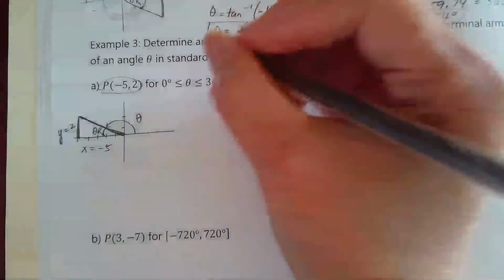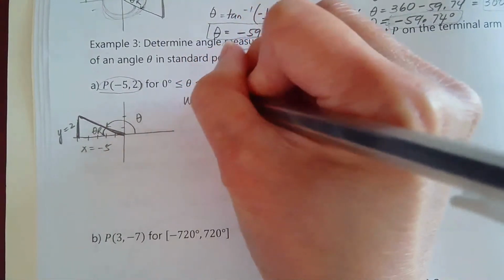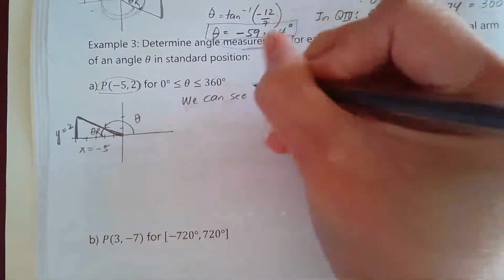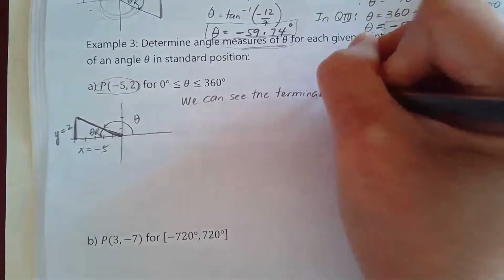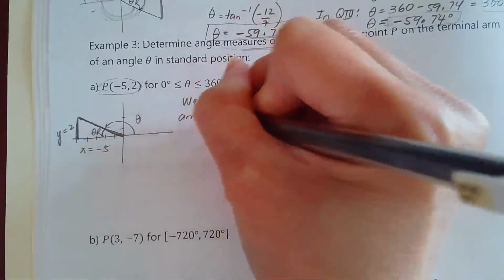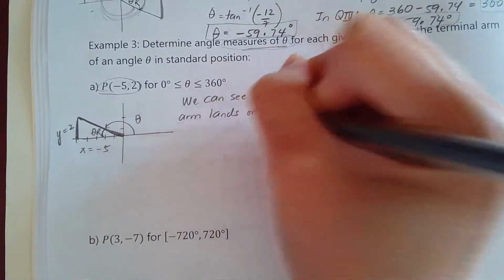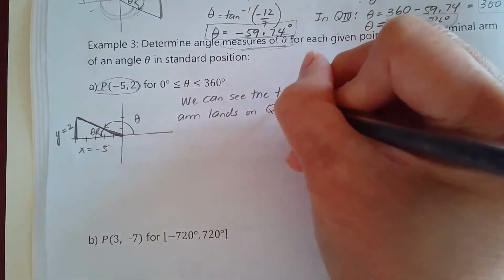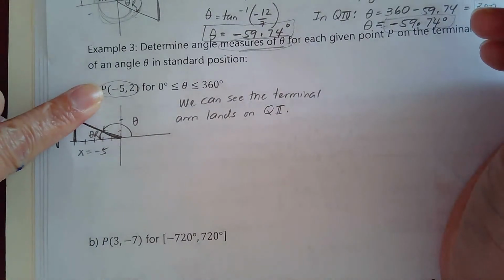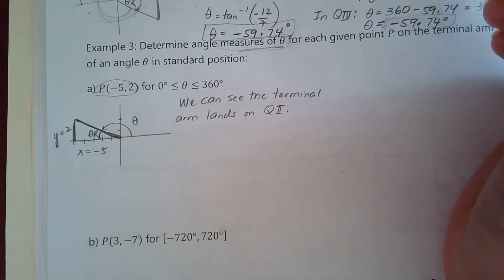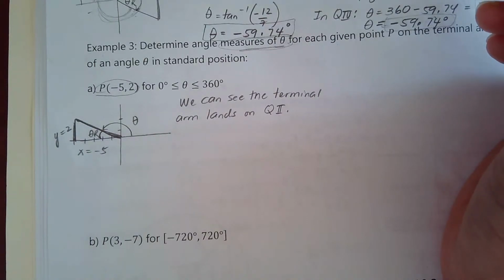So first, we can see the terminal arm lands in quadrant 2. Yeah, because we already know exactly where that point is. It's at negative 5, 2, so it's in quadrant 2.